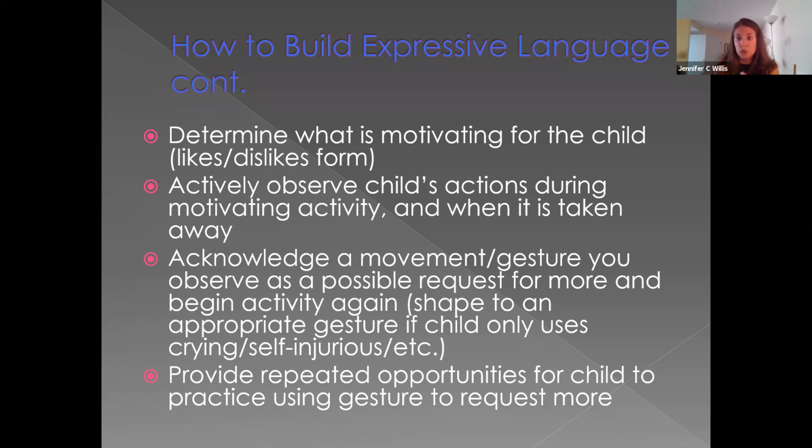And then if we do that with them and we pause and we wait, we see what they do in response. Does the child do anything with their body, a vocalization, a facial expression, something to indicate that they might want more of that activity?